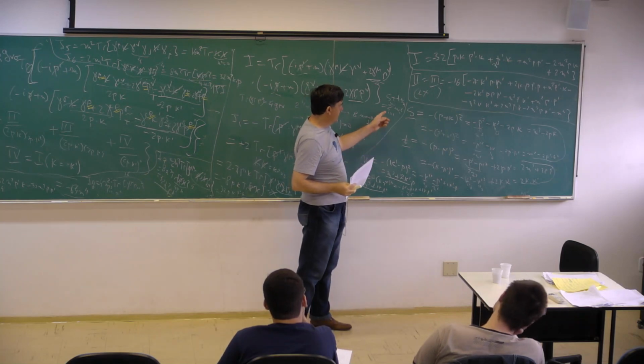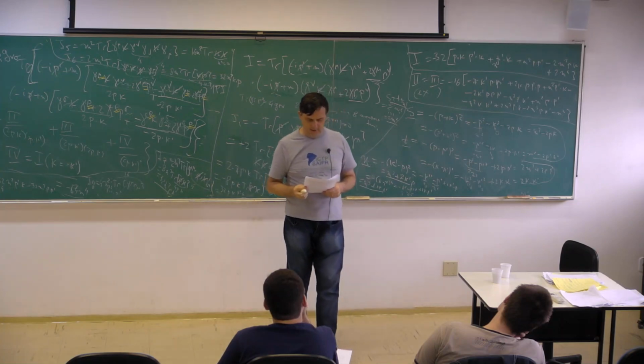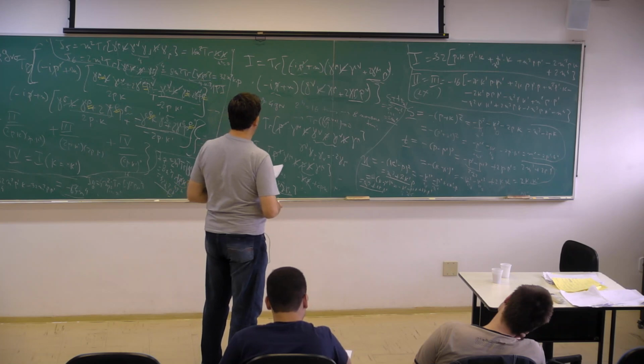In this case, two lines are photons, so have 0 mass, and two lines are electrons, so have mass m. So this is 2m squared. All right.